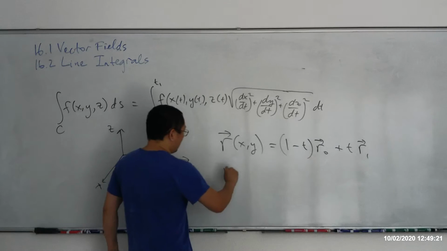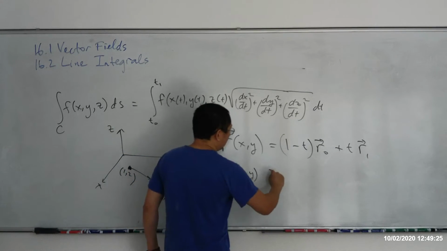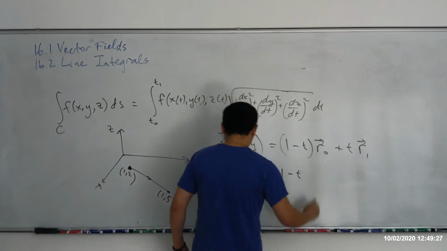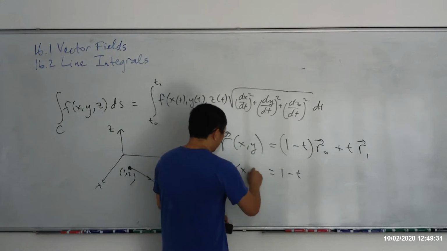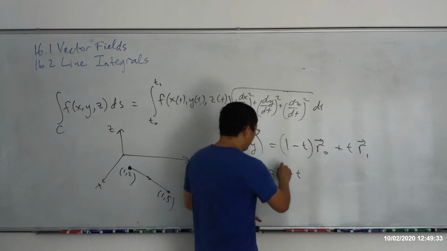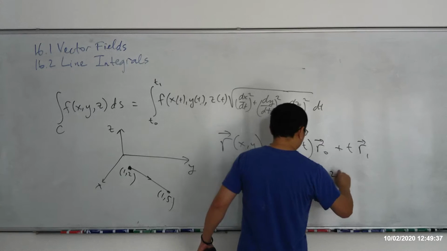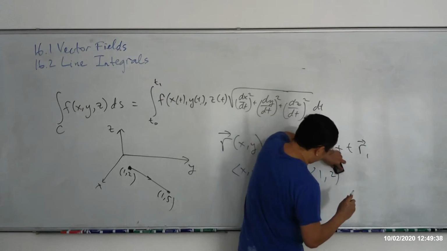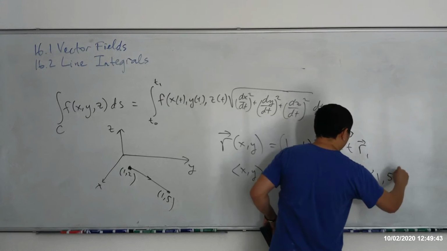This is r(xy) equal to (1 minus t) times r naught, so r(xy) can be written this way, x comma y, right? And (1 minus t) times (1, 2) plus t times (1, 5).